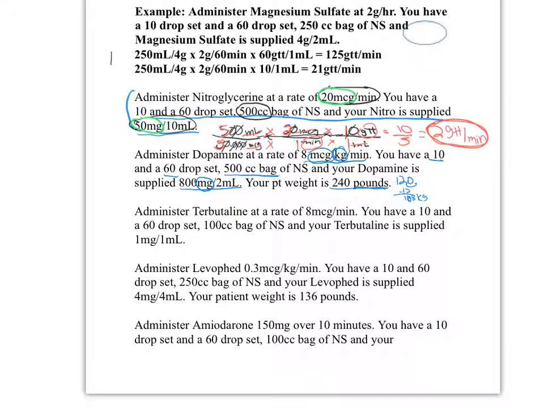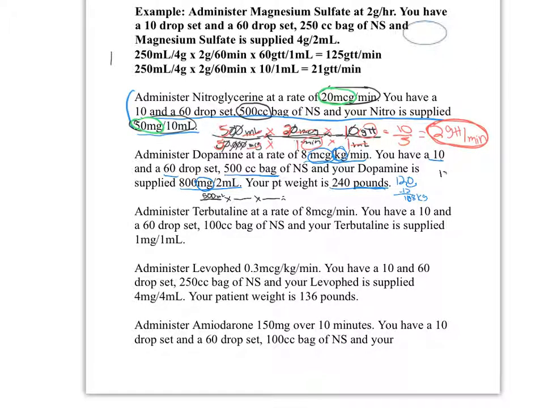All right, I'm running out a little bit of room, so I may have to write a bit smaller, but let's work out this problem. All right, my lines. So I have line X, line X, line equals. I have a 500 milliliter bag. I want to administer 8 micrograms per kilogram. Well, let's jump over here quick.